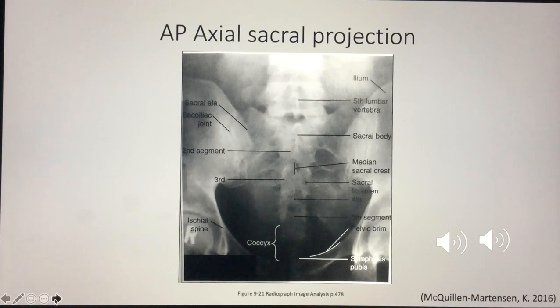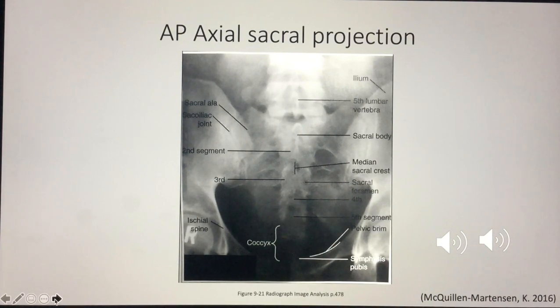The purpose of this image is to see the sacrum without any superimposition of the symphysis pubis. If we follow the arrow, we're going to visualize the base of the sacrum.